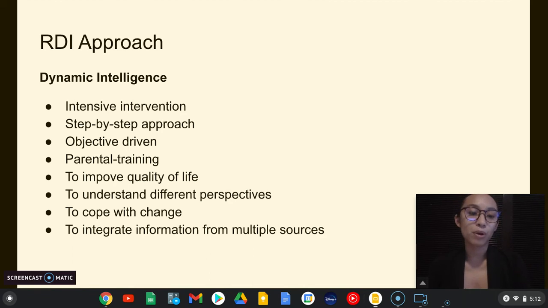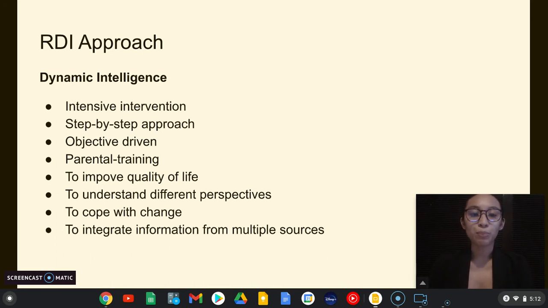The RDI approach is termed as dynamic intelligence. It is an intensive intervention. It works on a step-by-step approach, gradually up to the ultimate goal. Again, it's objective driven. It involves parental training, as again, the parents and the caregivers are the primary therapists of this intervention.